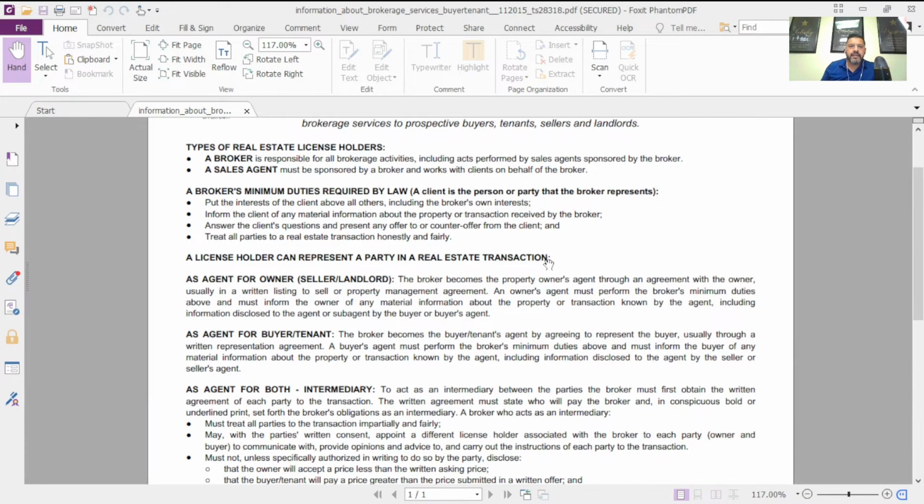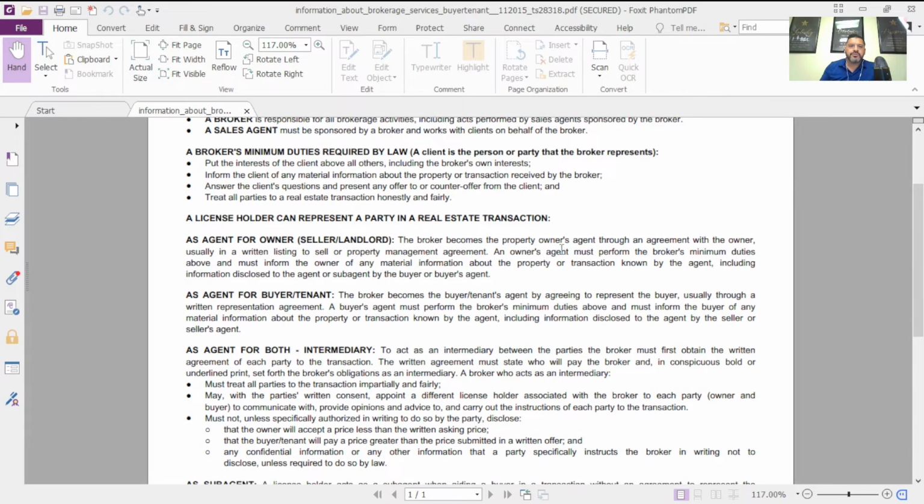Next, we're going to jump to the 4 different ways you can work for your client. The first one is working as an agent for the owner, who's the seller of the land or the landlord. In this case, you're only helping your client who is the seller.